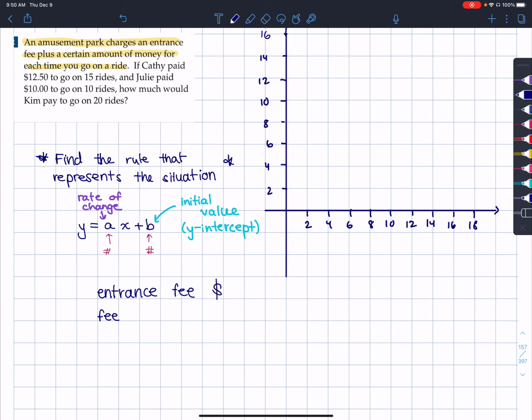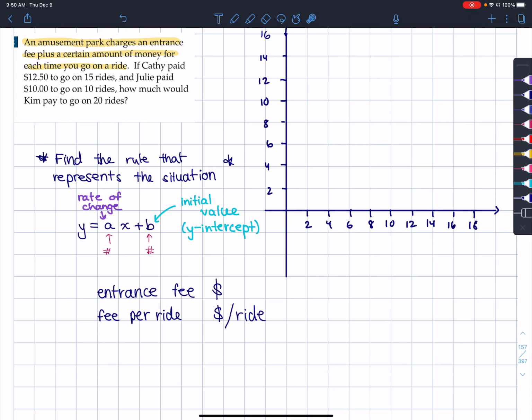So you have a fee per ride, dollars per ride. So you see that the units of these things are kind of different.